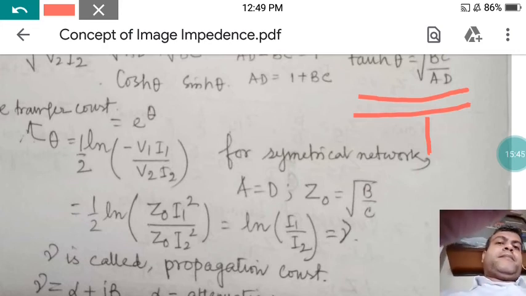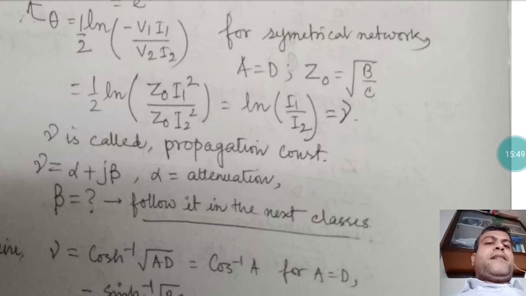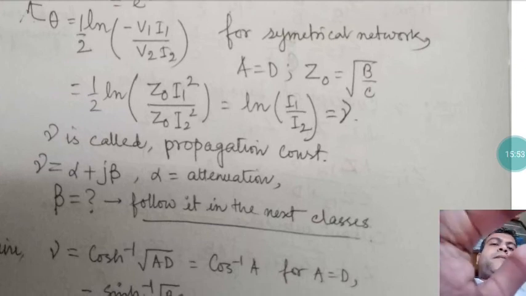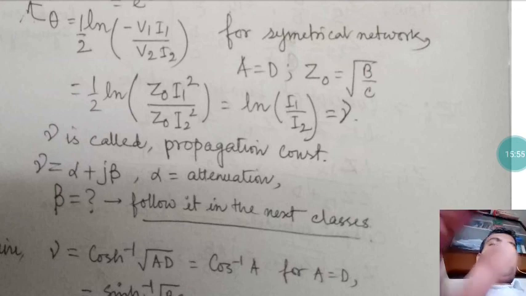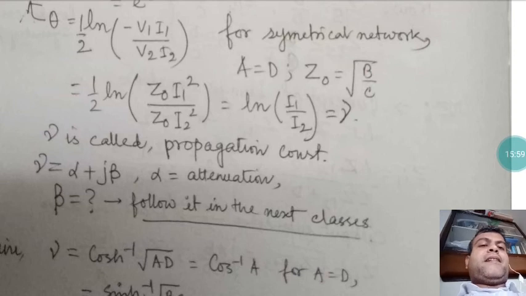If you use this particular form, V1 by V2 can easily be replaced by Z0, and finally you will get gamma, which is called the propagation constant. So two terms come in, gamma equals alpha plus j beta. One is the attenuation and the other is beta, which I will discuss in the next class.